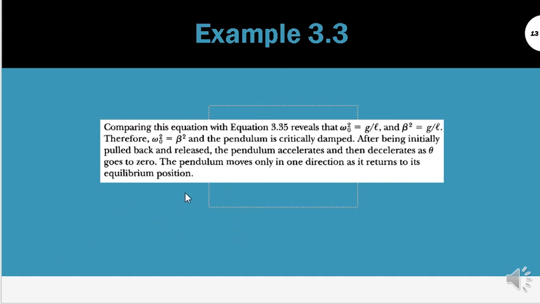This is the same as what the example says: the pendulum accelerates and then decelerates as theta goes to zero. So it doesn't go to the other side.